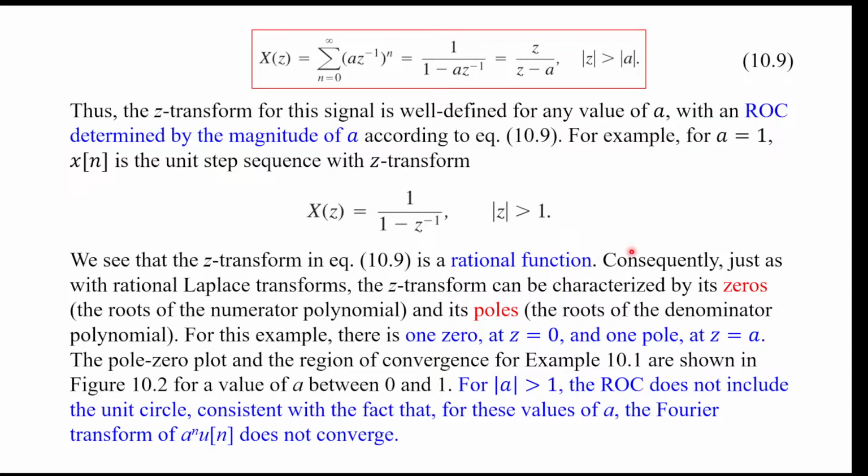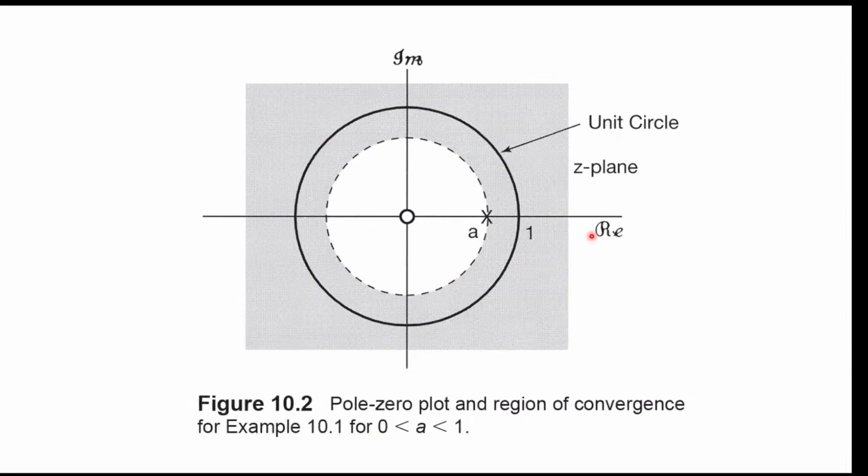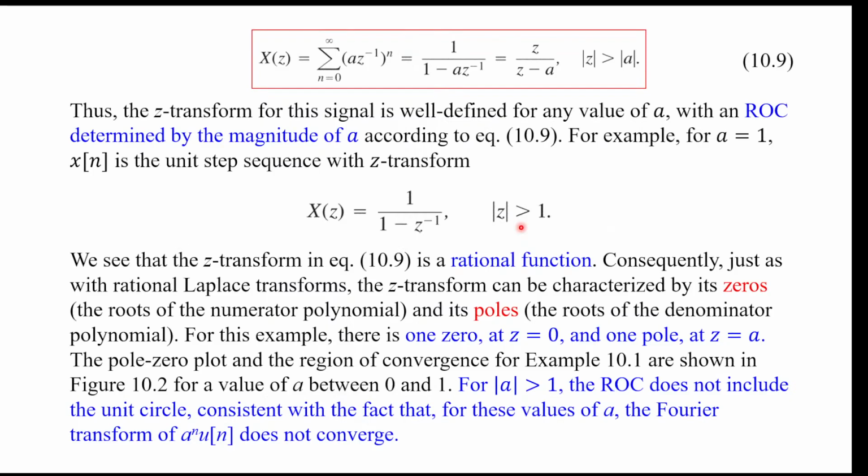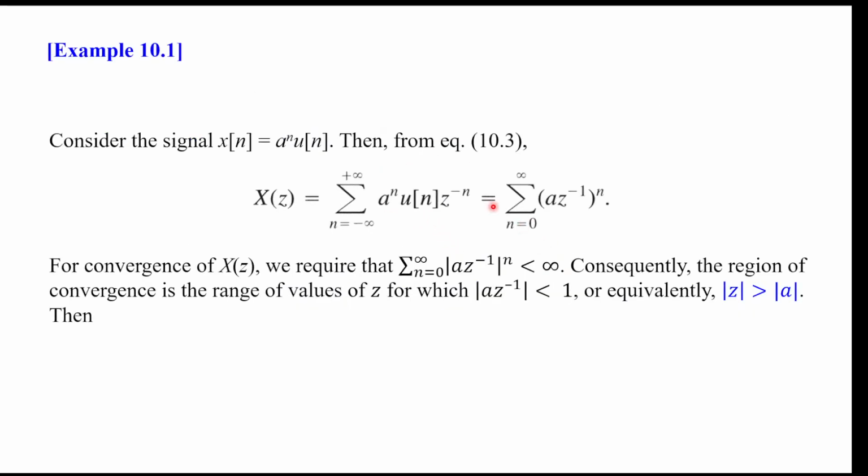And I guess here we can also analyze whether the Fourier transform exists by seeing whether the ROC includes the unit circle, and we see that this checks out with our intuition. When a is between 0 and 1, we have an exponentially decaying function, so its Fourier transform exists.